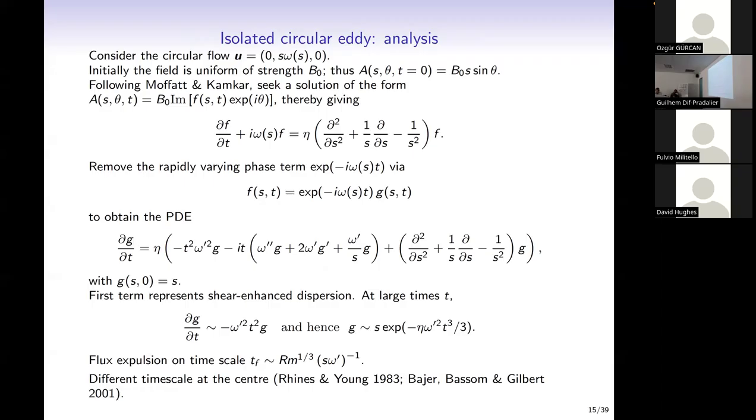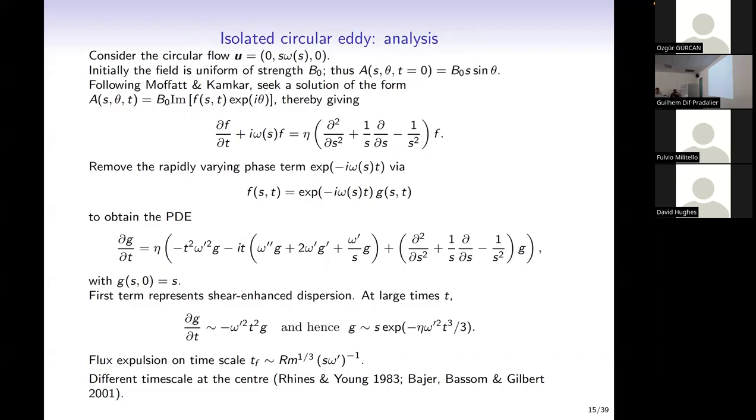Okay. So you look for a solution of this form, right? The e to the i theta times some unknown function of s and t, and you get a PDE in F. You could solve that. So of course, at large times, you've got a very rapidly varying phase here.